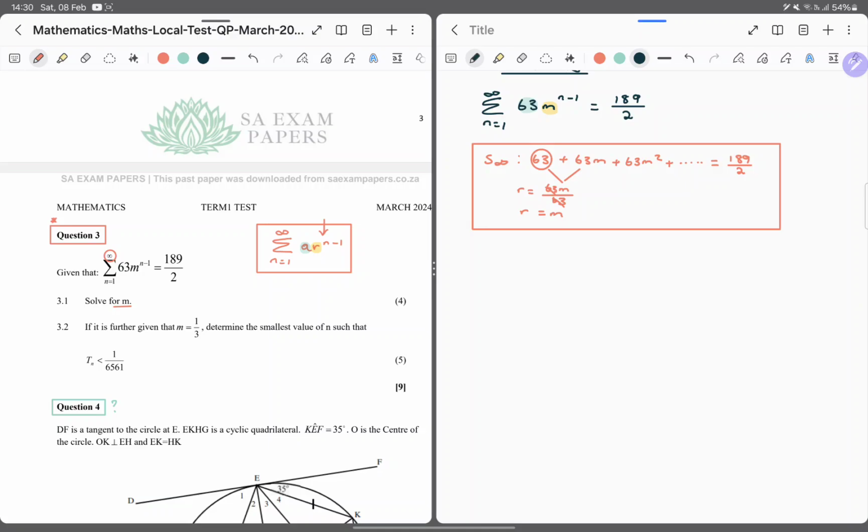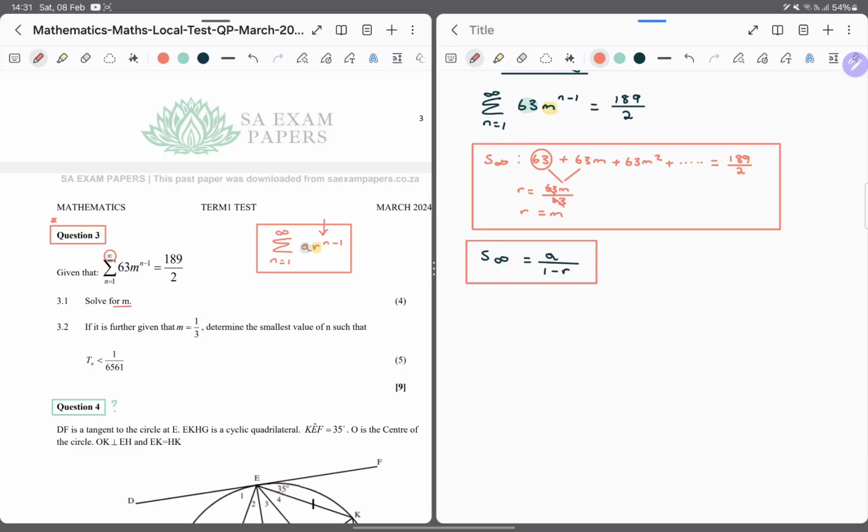Anyway, if we're solving for m, what are we going to do? We just solve the sum to infinity. So we know that the sum to infinity, guys, is equal to, we are told right now that this is 189 over 2, but we're going to use the formula first to show that we understand what we are doing. Because without showing the formula, we are dead.